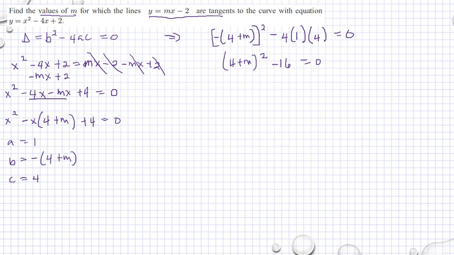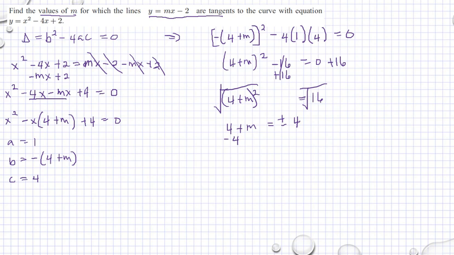If we add 16 to both sides of the equation, we have (4 plus m) squared is equal to 16. Taking the square root of both sides, we have 4 plus m is equal to plus or minus 4.